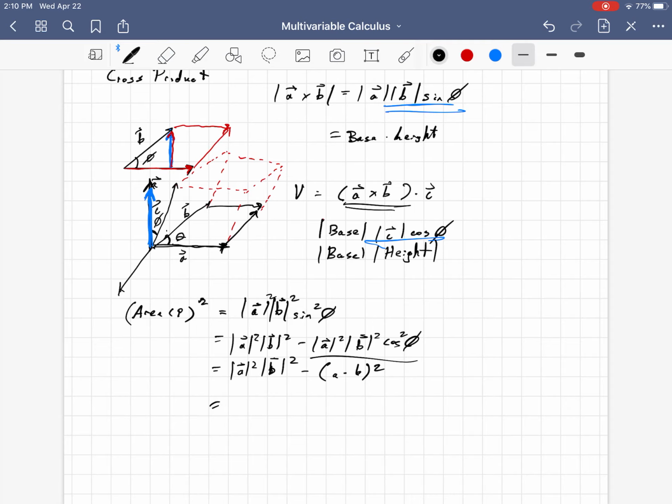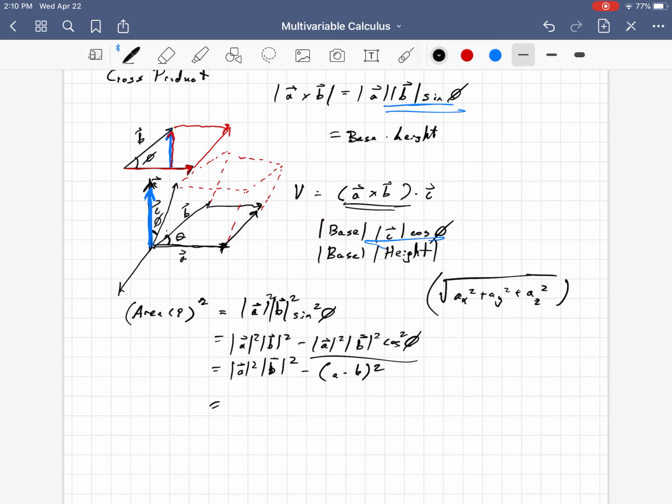Okay, and now if I take the square of the magnitude, that's just the same thing as adding up the squares of the components of this vector in the x, y, and z direction, since the cross product is only defined, at least in 3 dimensions. There's actually a 7-dimensional cross product, but that's not what this video is for.